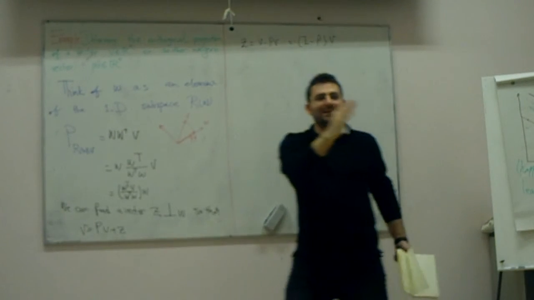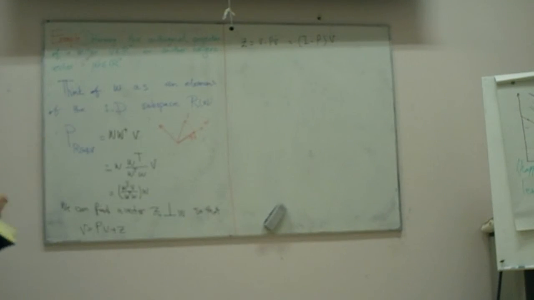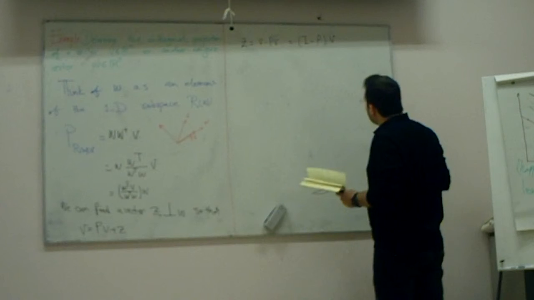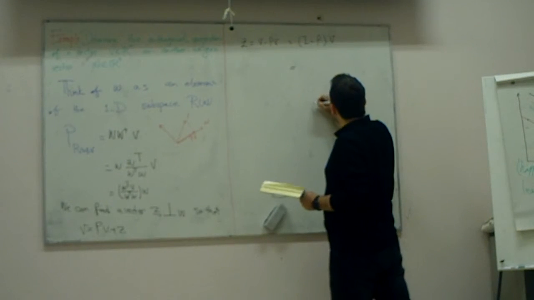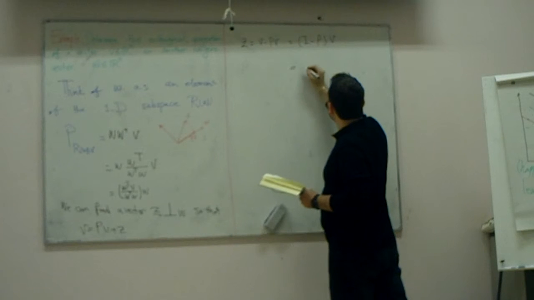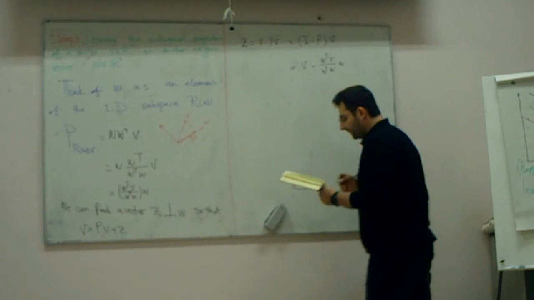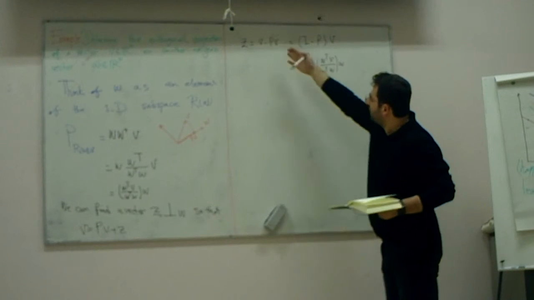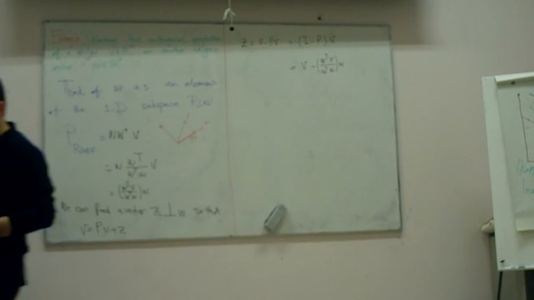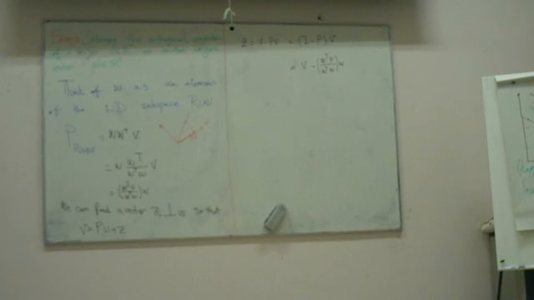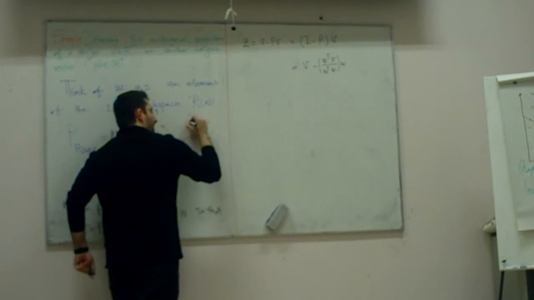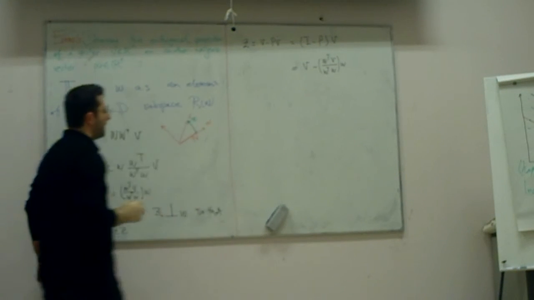So we got to the point. Which is equal to V minus V transpose V over W transpose W times W. I just substitute for P. Right.